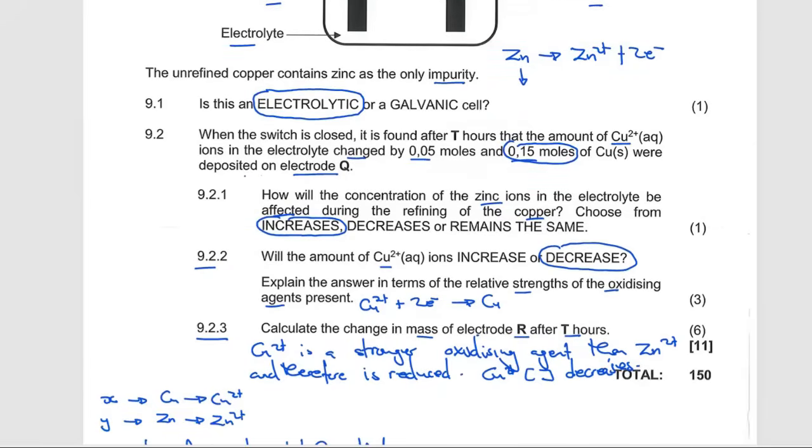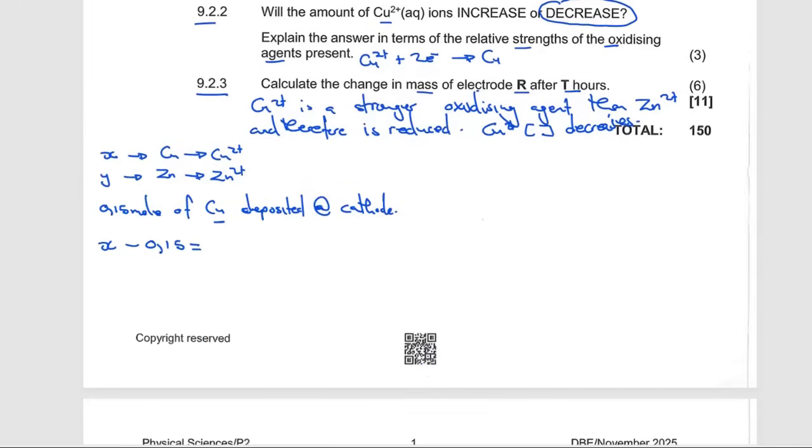They're saying here that when the switch is closed, it is found that after T hours, the amount of Cu2+ ions in the electrolyte changed by 0.05, right? So now this is equivalent to 0.05.